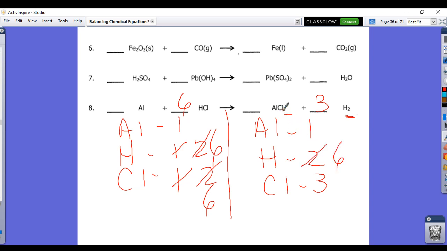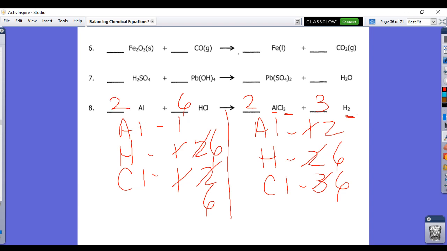And then this chlorine, I can make it 6 by putting a 2, because 2 times 3, see that 2 and that 3 gives us 6. And then that also changes my aluminum to a 2. And then now I have 2, 6, 6, but I have 1, 6, 6, so I'm going to put a 2 here.